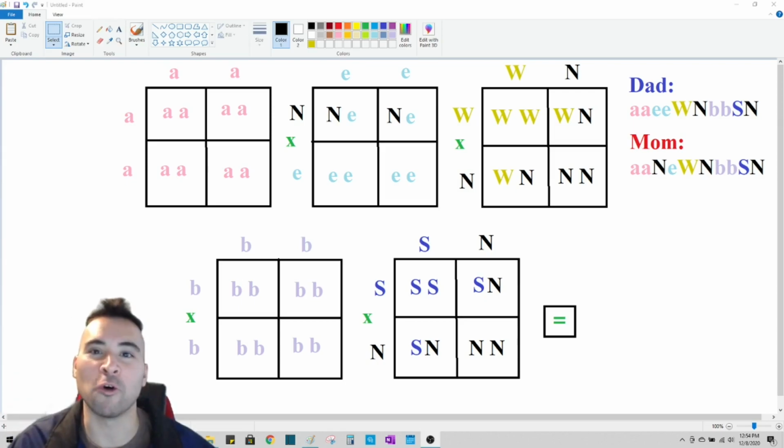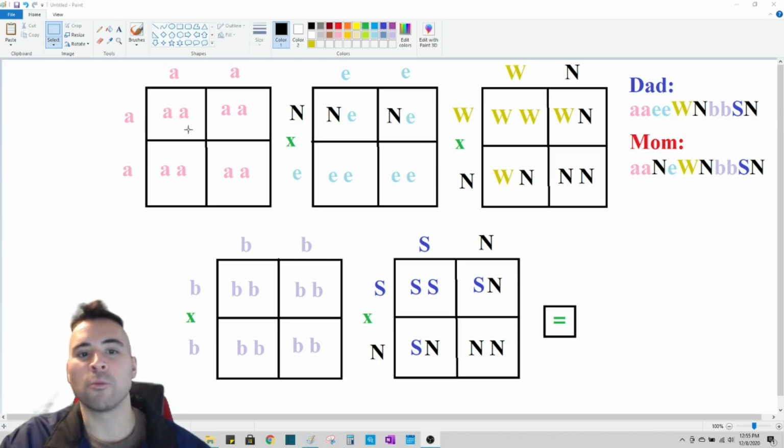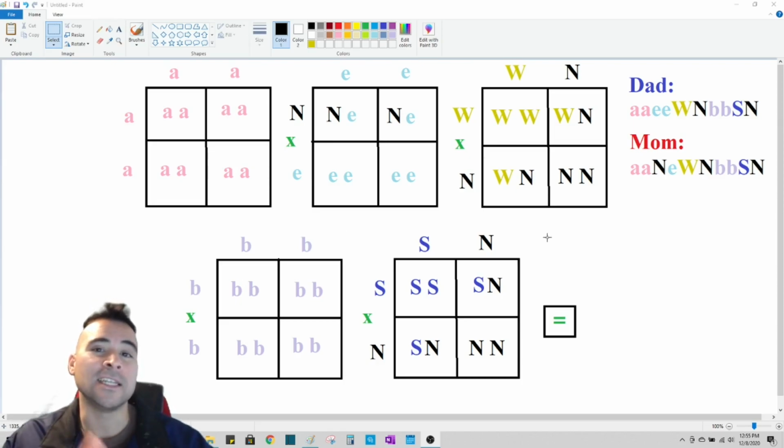Anyway, let's roll some genetics here. There's a lot going on here, but I'm going to explain all of it to you guys in a way that I think you're really going to understand. Each one of these Punnett squares, there are 5 of them here, represents a different gene that is inside the dad or inside the mom. I've listed the genes inside the dad in the top right corner.